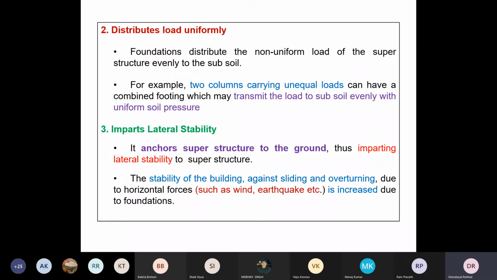That means there may be a lateral load because of the wind if it is a high rise tower. So this foundation anchors it and provides lateral stability against sliding, overturning, and so on, because of earth pressure or earthquake or wind load and so on.